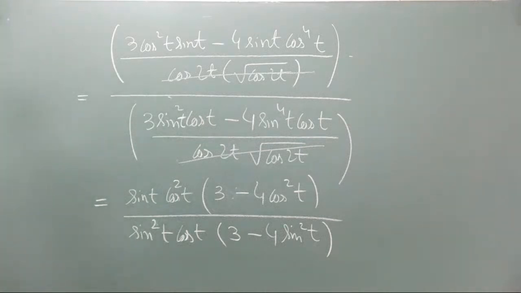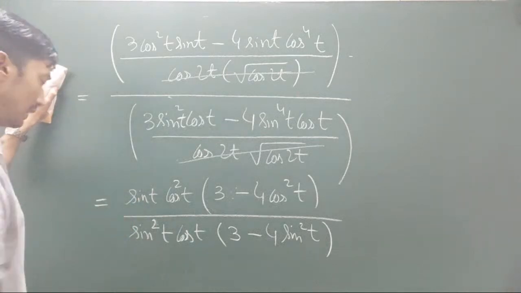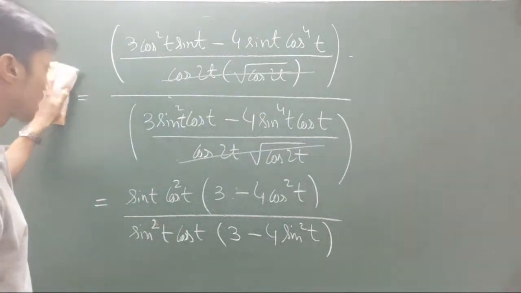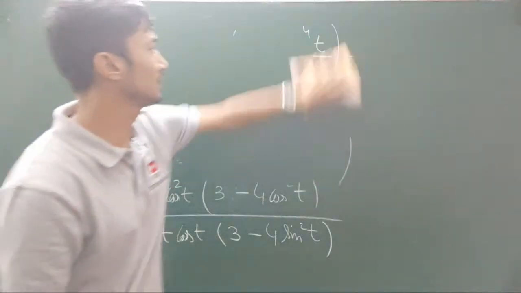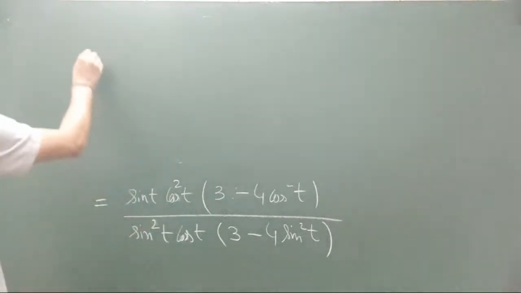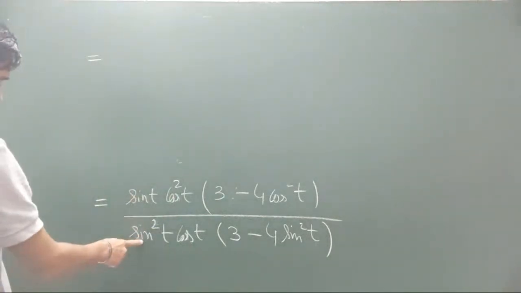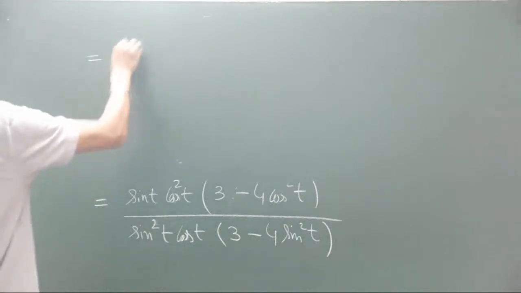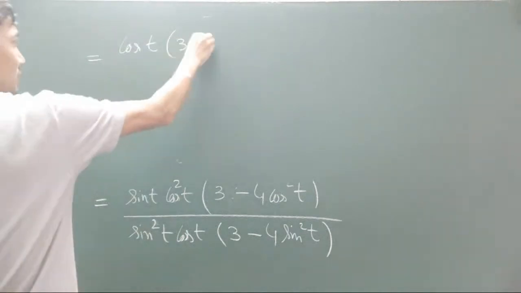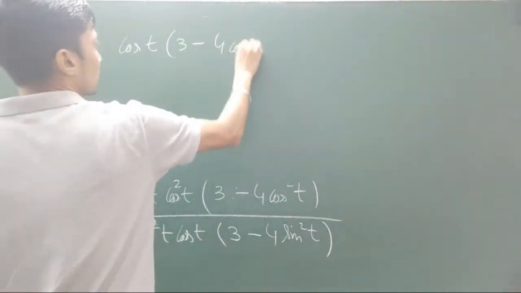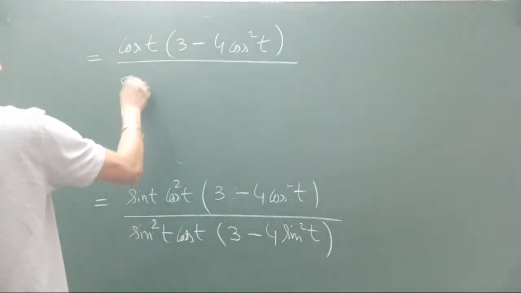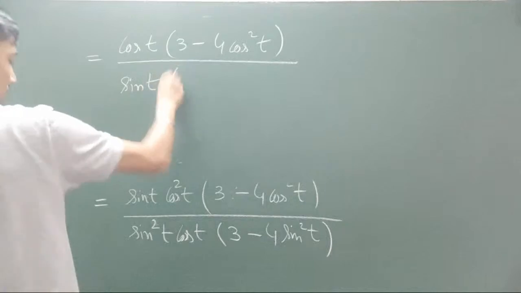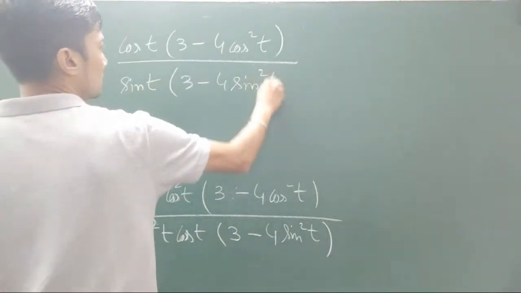Anyway, let's just do as it goes. So one sin t cancels, cos t. So I'll be having here cos t, 3 minus, okay, I do not know what is the answer to this, but I can sense something.